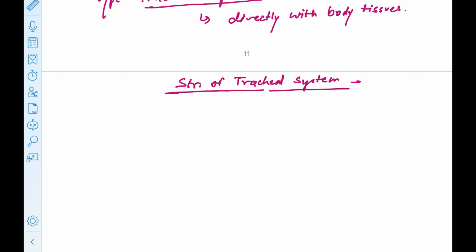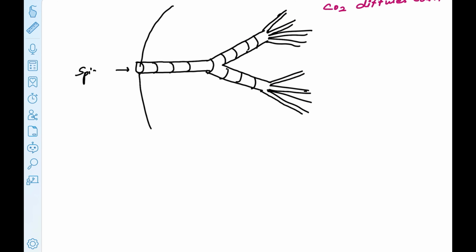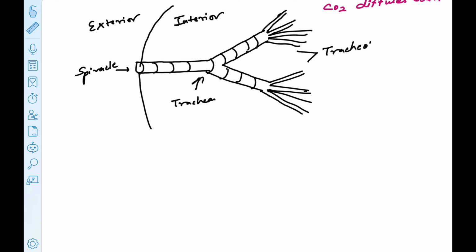Let's discuss the structure of the tracheal system. The spiracle and the exterior surface. This is the interior surface. These are trachea, and trachea are then further divided into these branches, tracheoles.